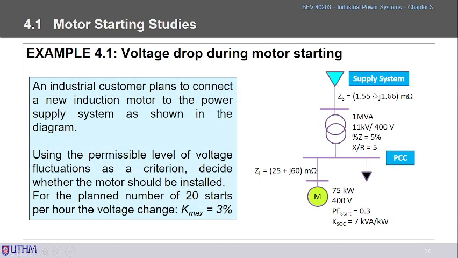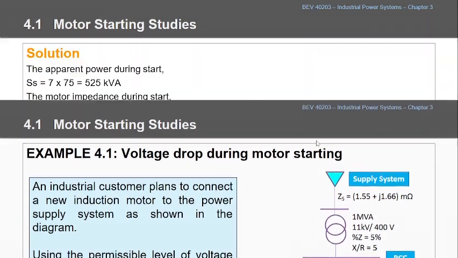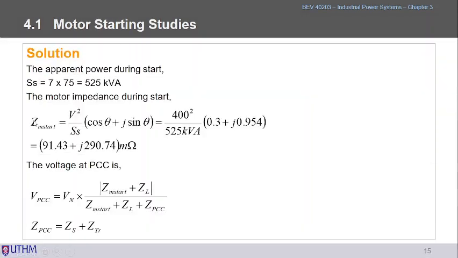That means we need the impedance ZS, which has been given, then the impedance for the transformer, the impedance for the line, the cables, and the impedance for the motor as well, during the starting. So Zm start is the impedance of the motor during the starting.